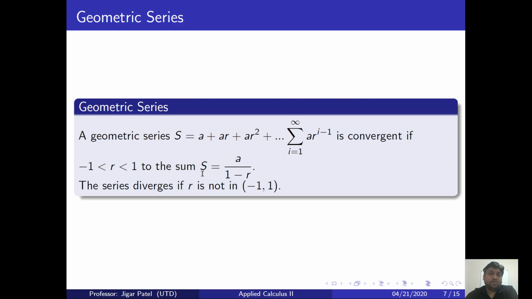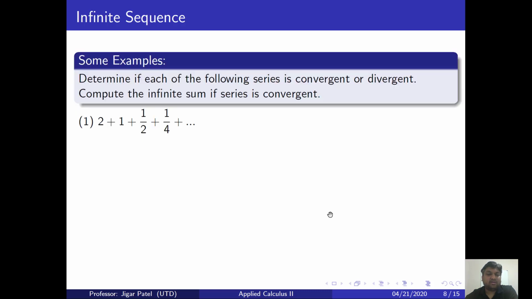I would like to show you a series of examples to demonstrate how to determine if the geometric series is convergent or divergent. I'm going to give you a set of problems in both notations, the long notation as well as the sigma notation, right? So let's try to see about 4 or 5 different examples.